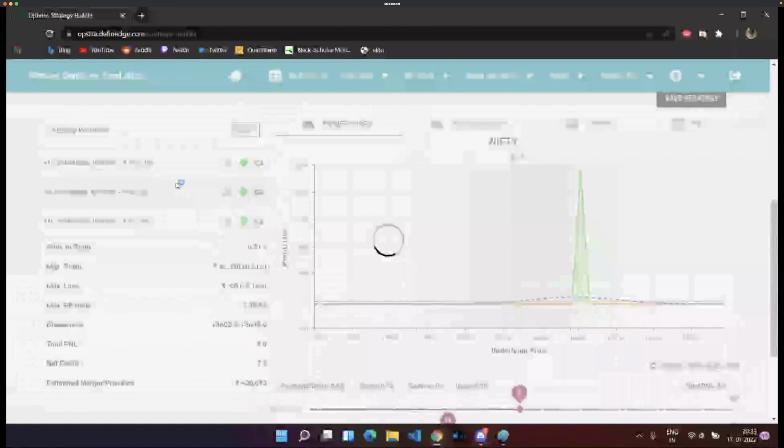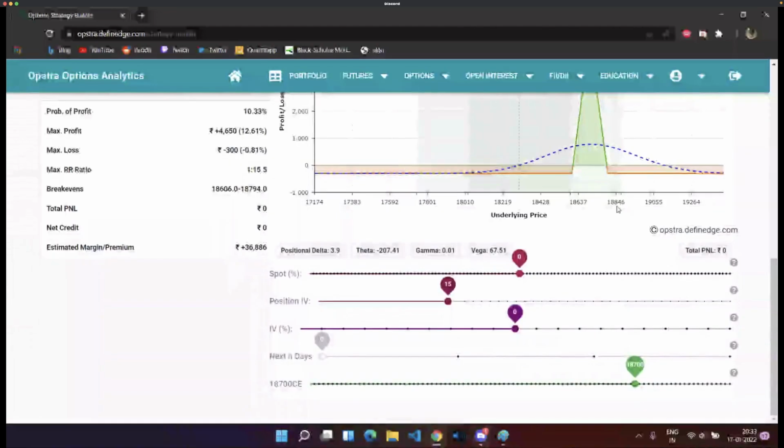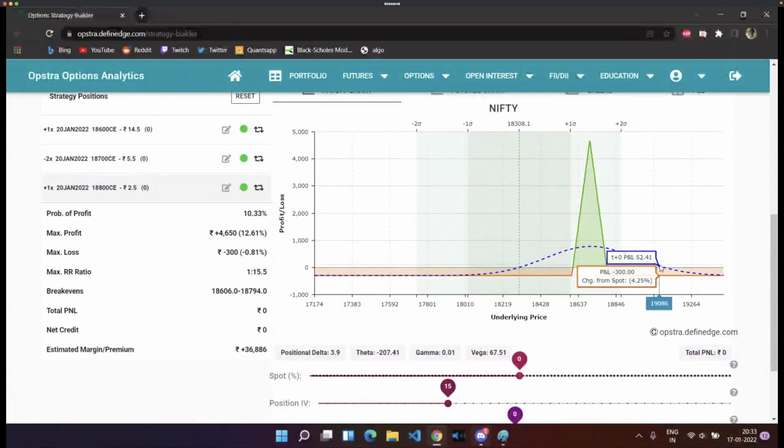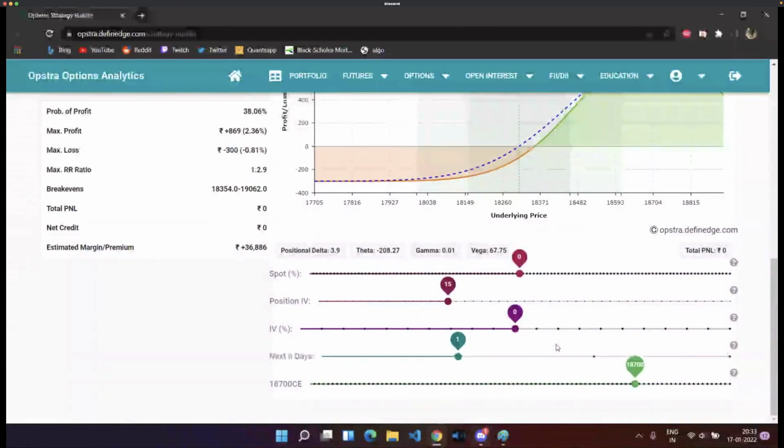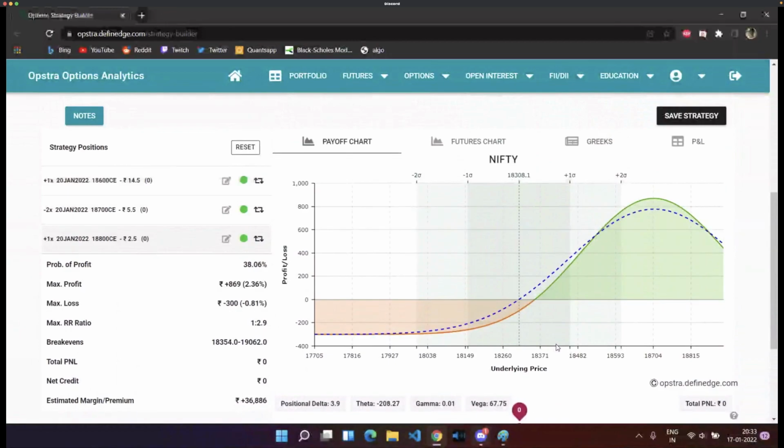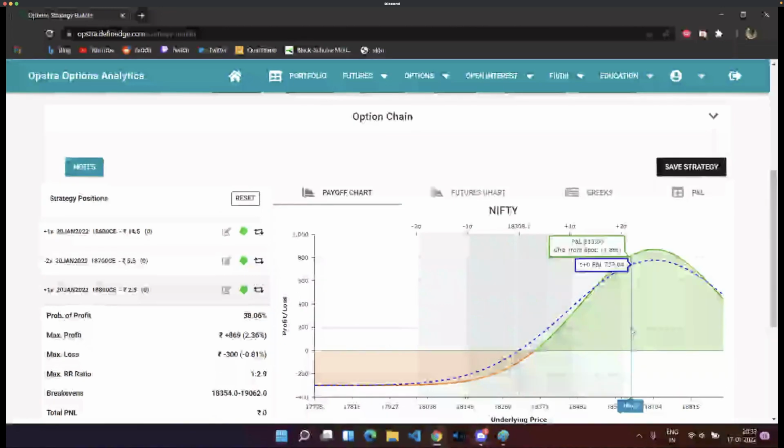This blue is basically the PNL today, right? If the market moves, your break even is from here to here, so from 18,300 to 19,000. But as the day progresses, I need to zoom out.